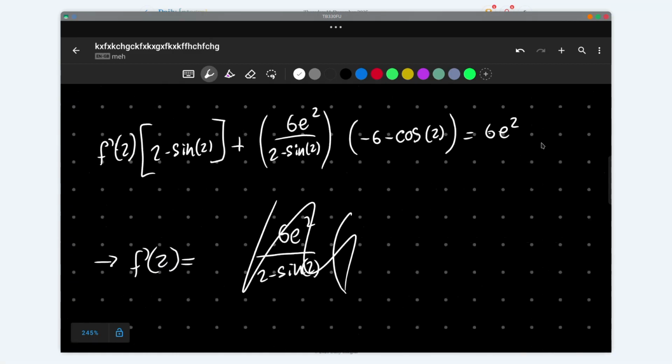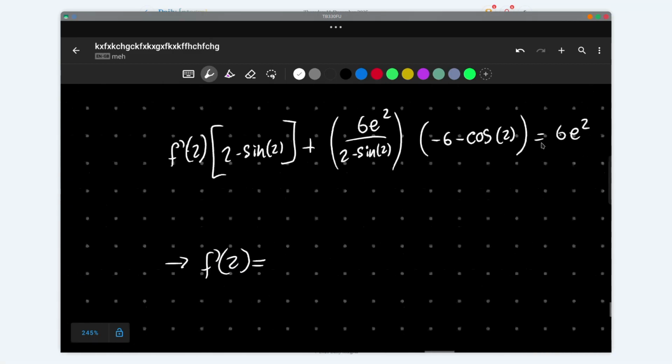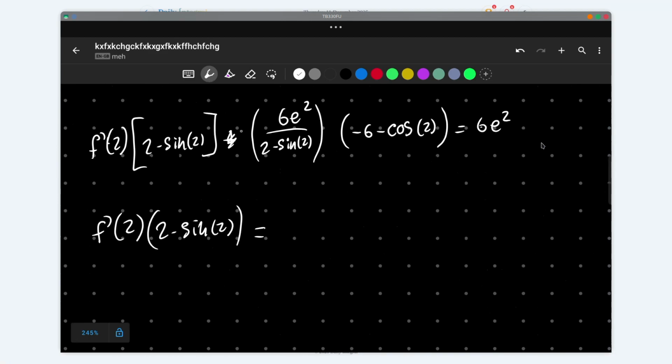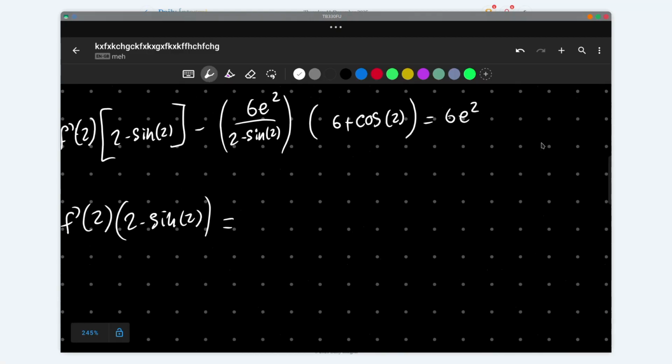What am I doing? Okay, let me not be stupid. F prime of 2. That was really weird. 2 minus sine 2 is equal to, 2 negatives make a positive there. So let me do this now actually. You get 6e squared.